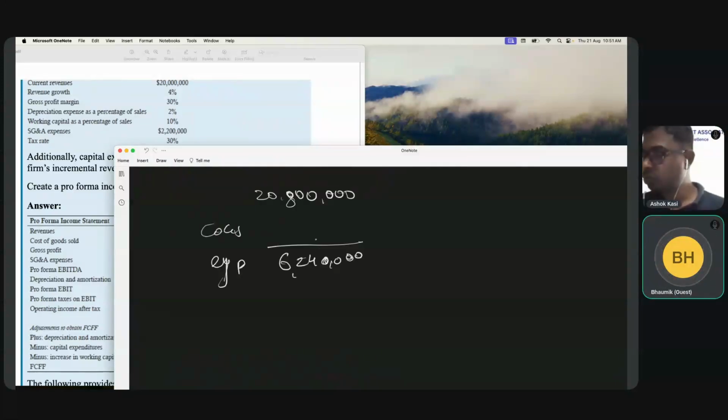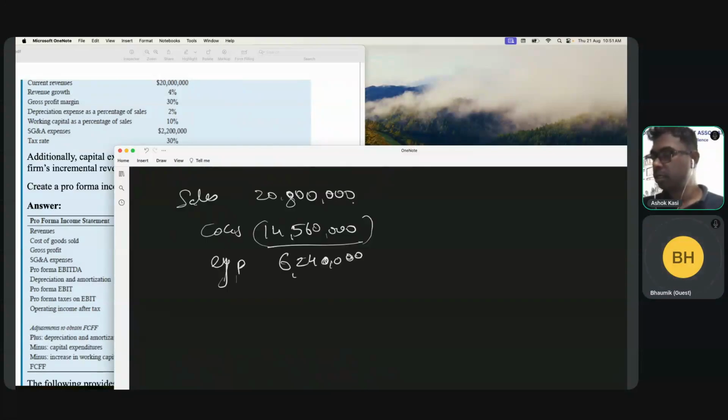So cost of goods sold is the difference, 14,560,000. Now you just check again whether this 6,240,000 comes to 30%: 6,240,000 divided by 20,800,000.